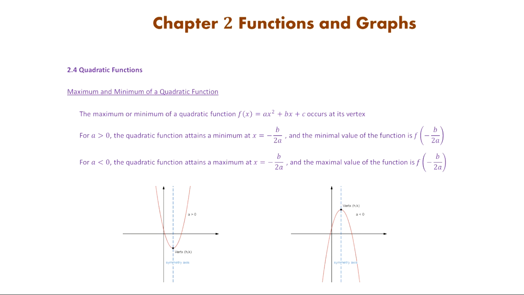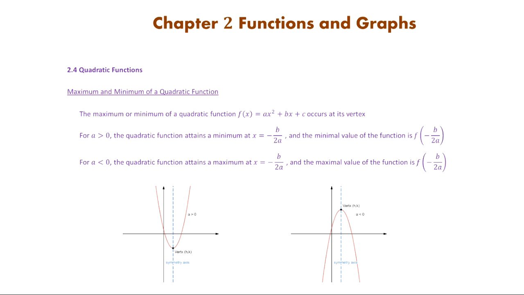And on the other hand, if a is negative, a is less than 0, the leading coefficient of the quadratic term, then the parabola opens down, okay? So you get the maximum at the vertex, and you can easily find the maximum of the function by using the formula again.